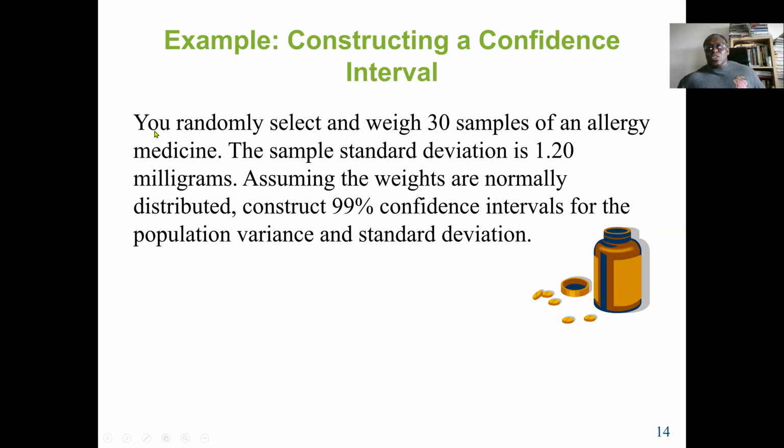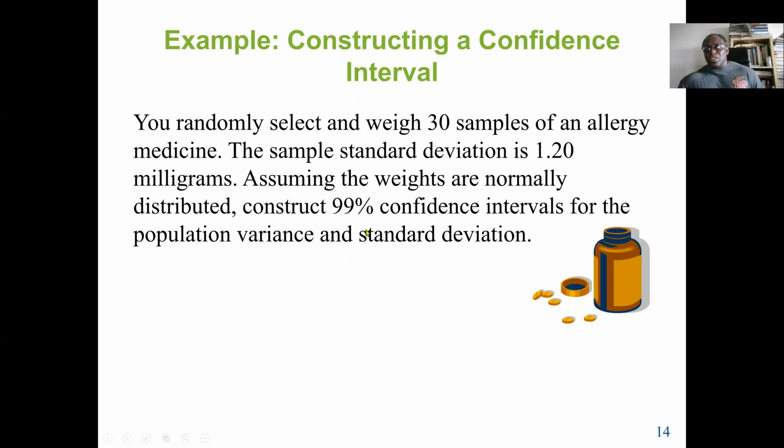So our question here says you randomly select and weigh 30 samples of an allergy medicine. So we have 30 samples of an allergy medicine, randomly selected. Then the sample standard deviation was 1.2 milligrams. Assuming the weights are normally distributed, so the first condition we have met, they have to be normally distributed.